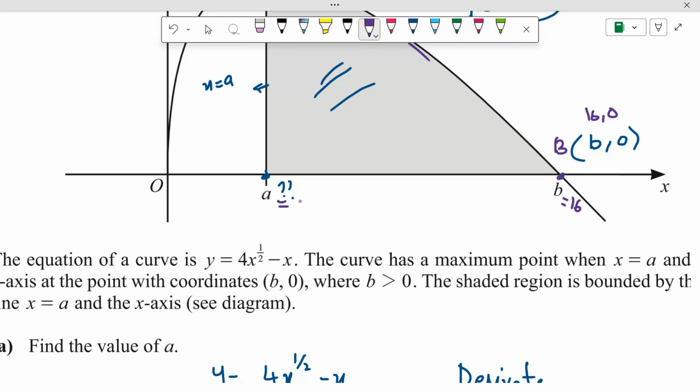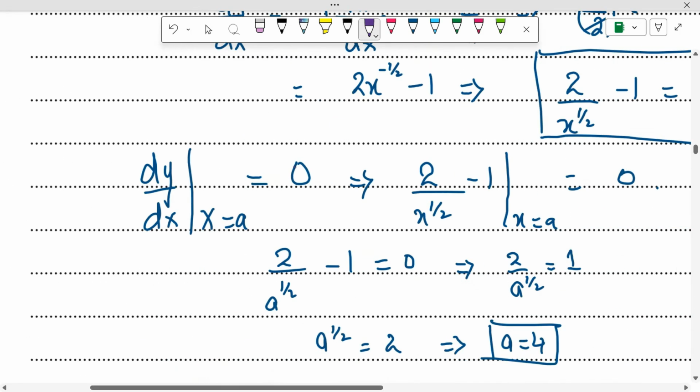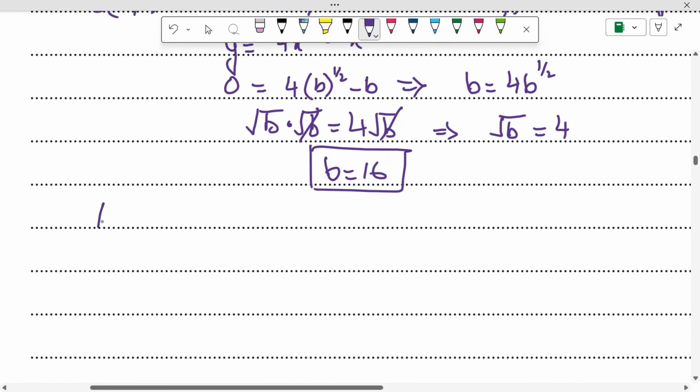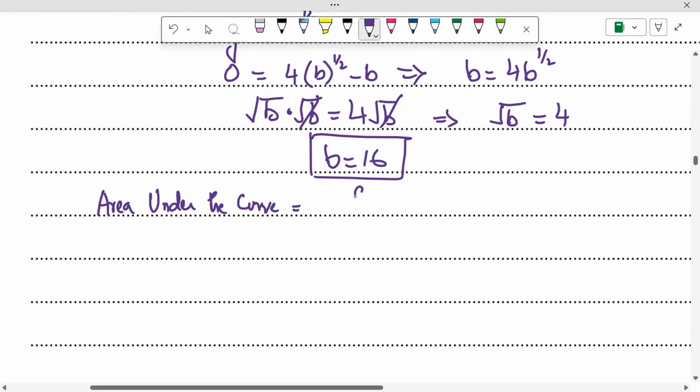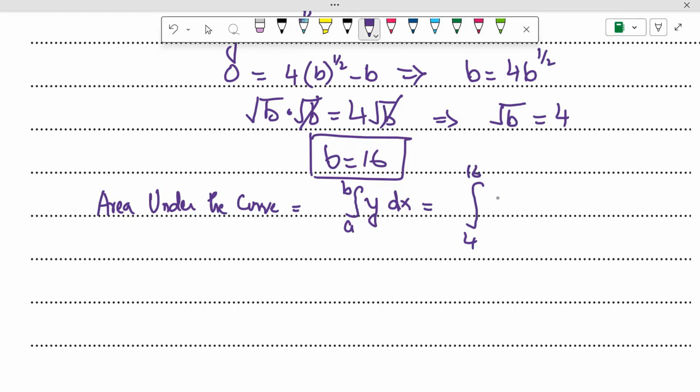And a we just calculated in part A, which is 4. So the area under the curve is the integral of y from a to b with respect to x, which is from 4 to 16 of 4 times x to the power of half minus x, dx.